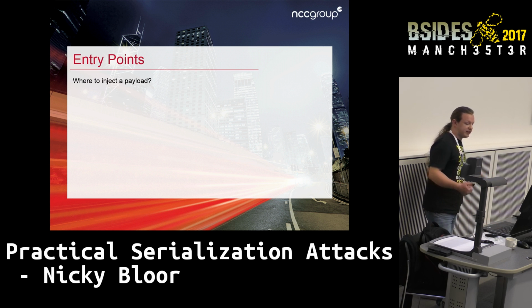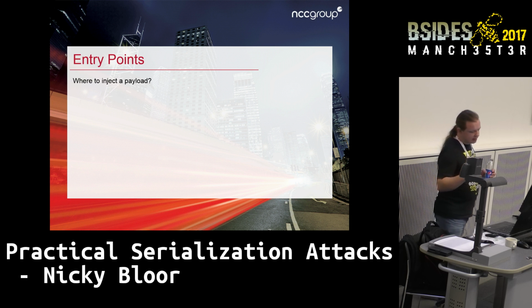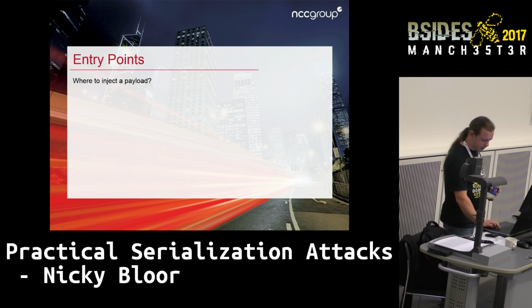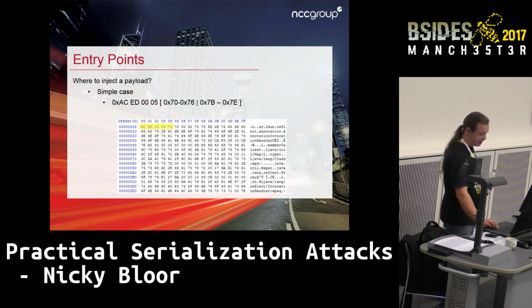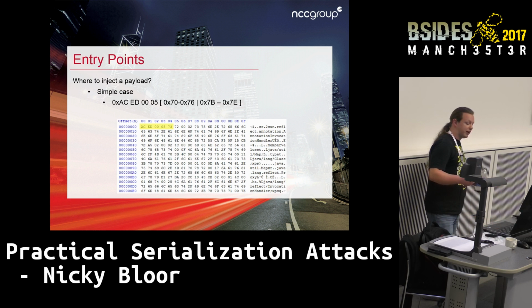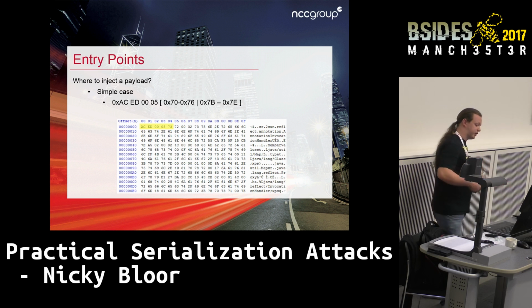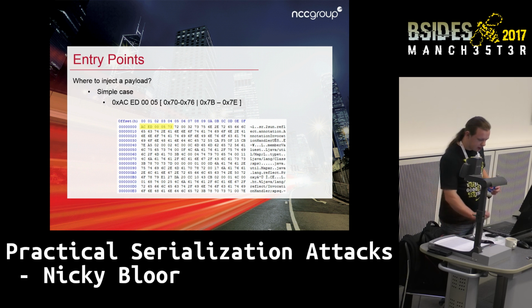So we've identified an application that's using serialization, and the next thing that we need to do is work out where we can inject our payload into that stream. So the simple case is we have the serialization header followed by a byte in the range hex 70 to 76 or hex 7B to 7E.